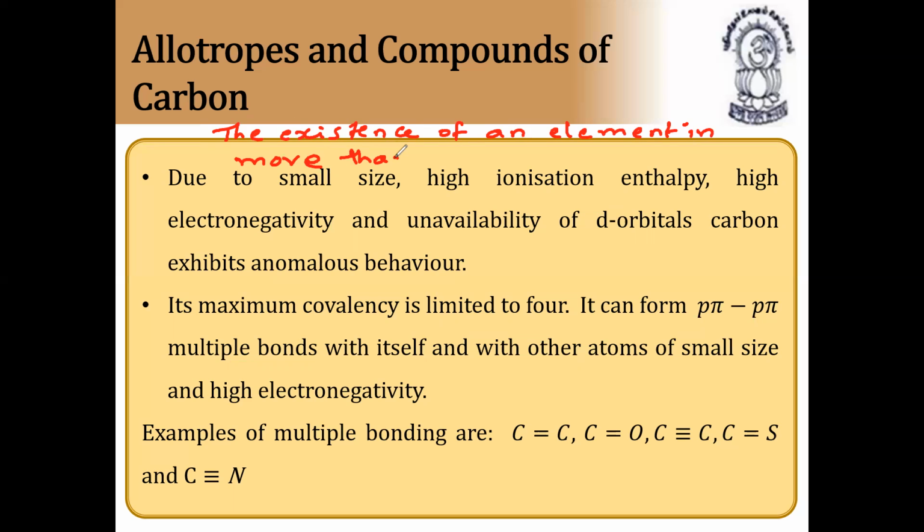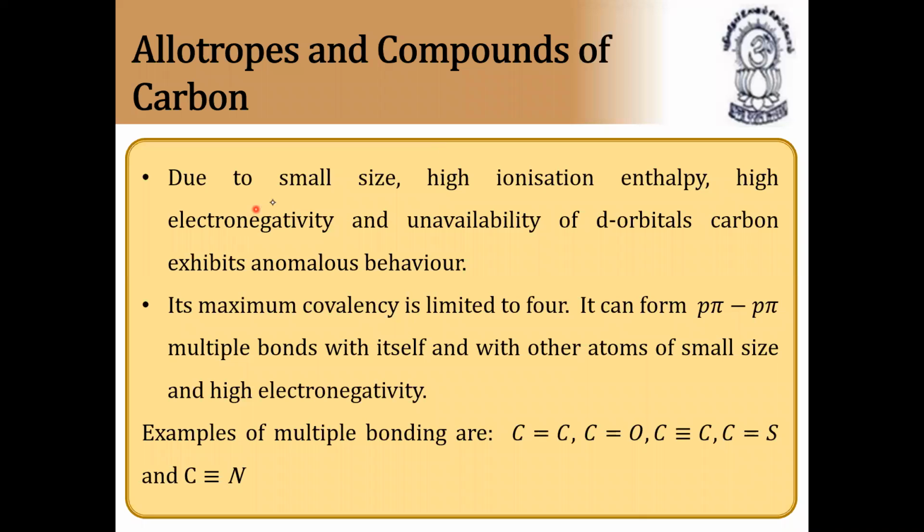More than one physical form means it can be crystalline or amorphous, that's why it is called allotrope. And the property is called allotropy. So carbon exhibits allotropy. Let us see now.